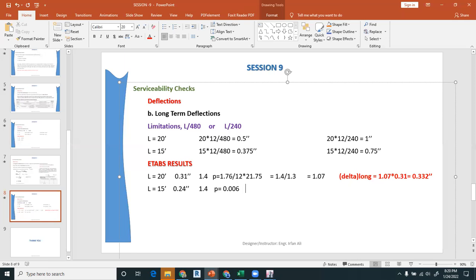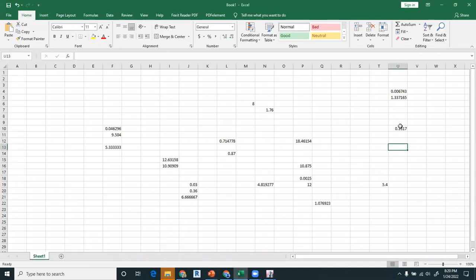So if you multiply it by 50 and add 1, like we did, it will give you 1.33.